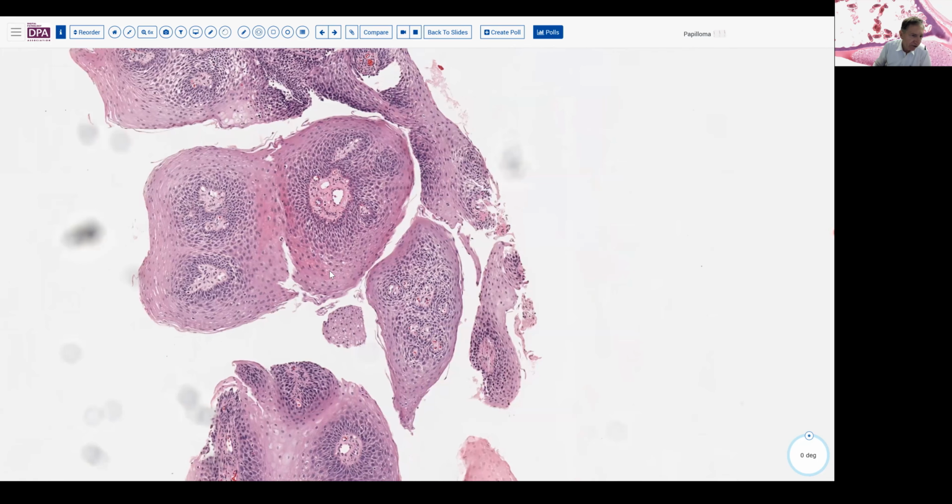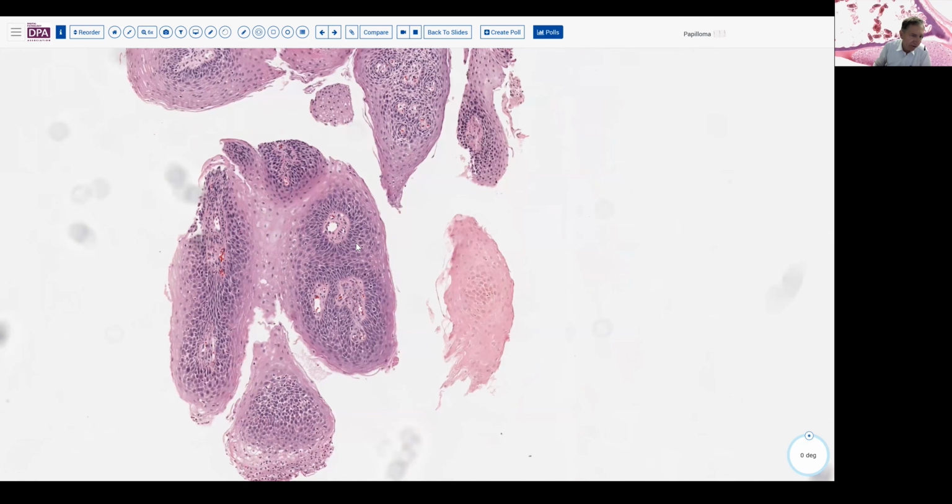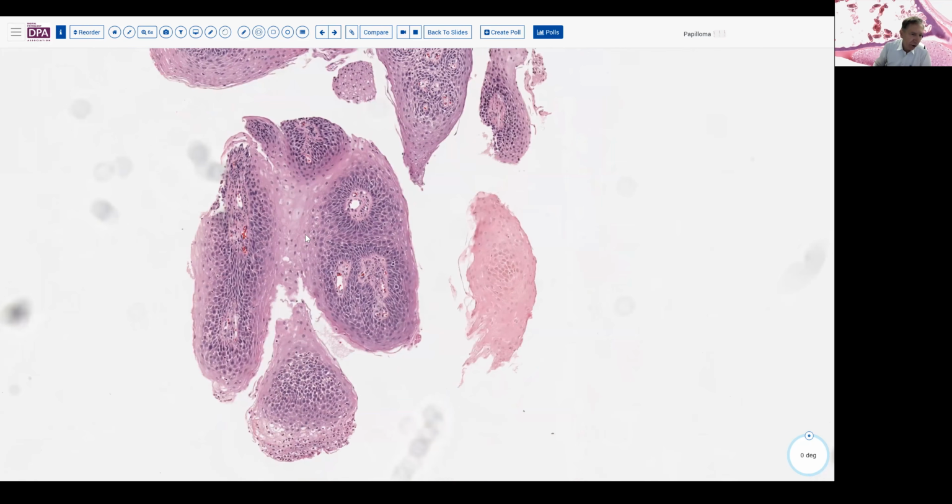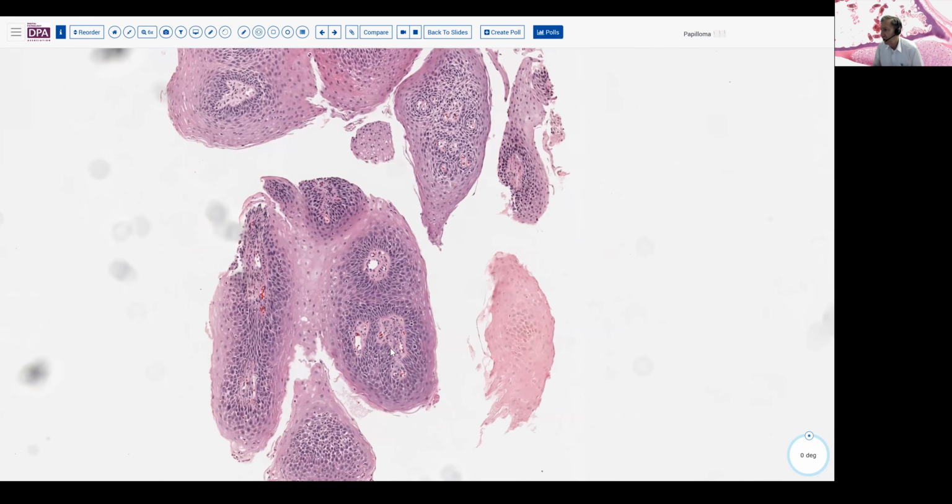These lesions are more commonly seen elsewhere in the skin, little squamous papillomas, but they can occur in the oral mucosa. They can occur on the skin, in the neck, sort of little acrocordon type lesions, as well as in the vulva.